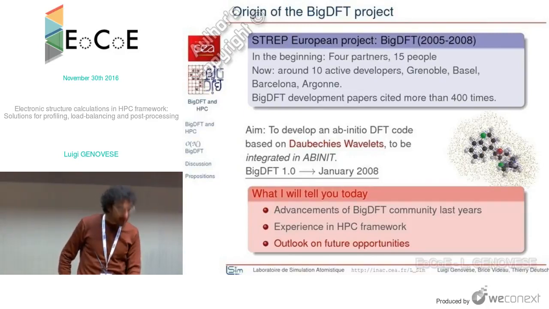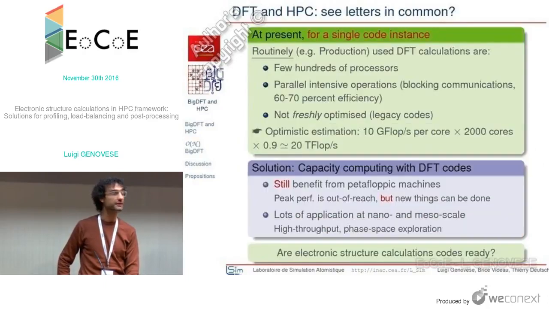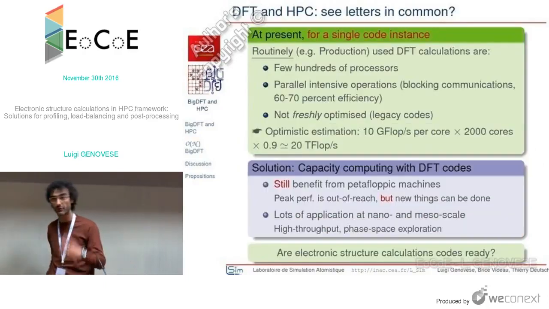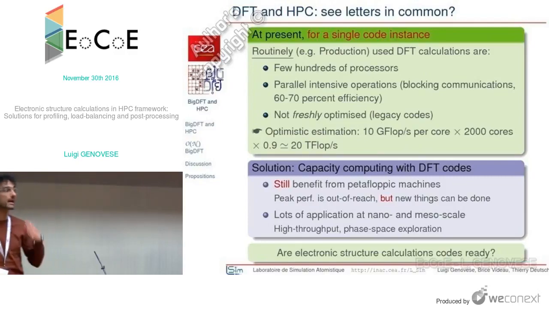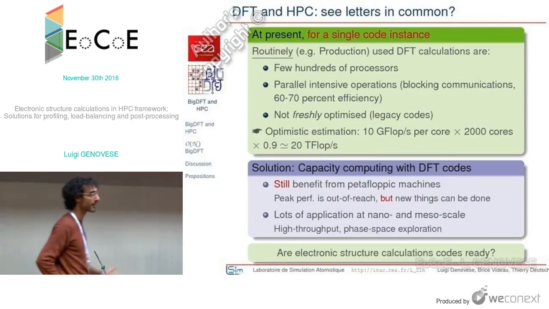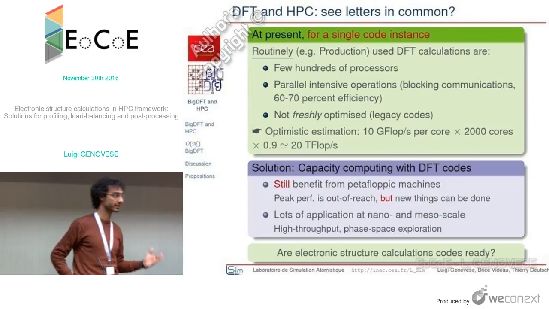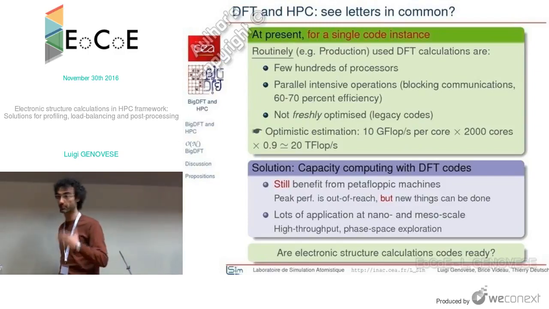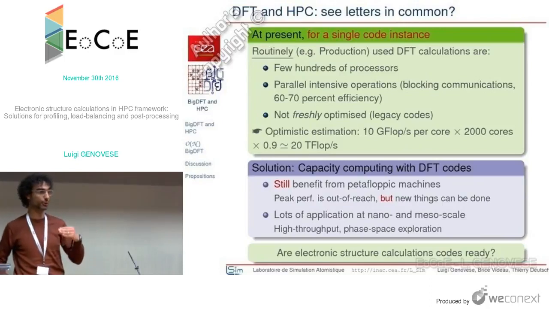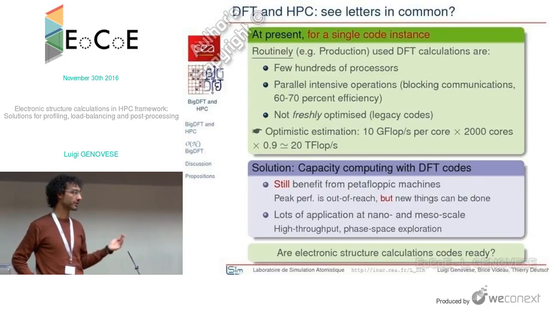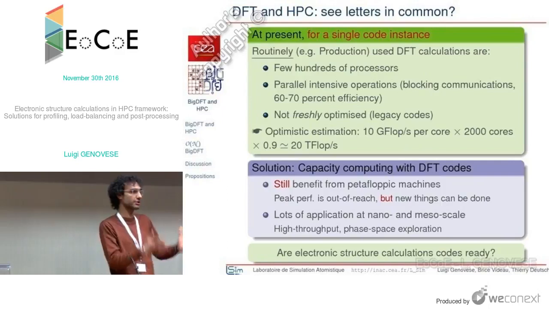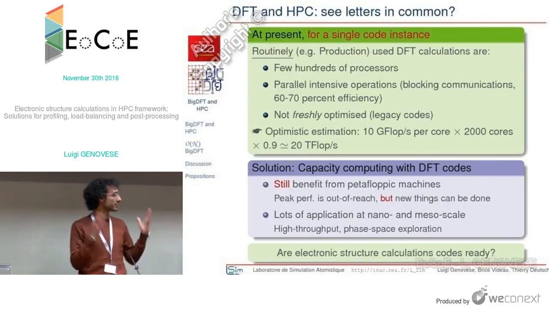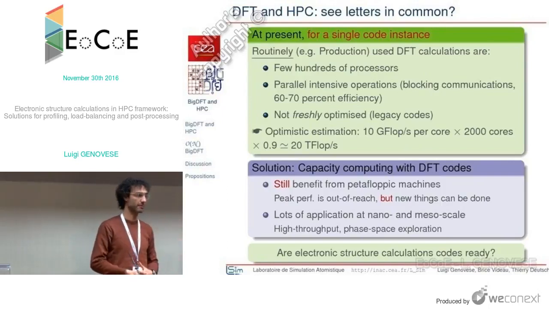But let's recall that we are, first of all, computational physicists, so our job is to provide scientific papers to the material science community. So all the codes which work in this context, density functional theory codes, have as principal aim the production calculations. What are production calculations? They are simply the calculations you have to run to extract your scientific data and to publish papers with.